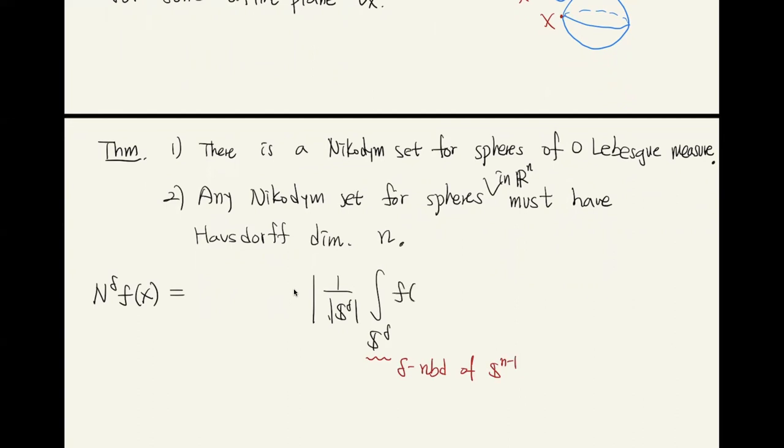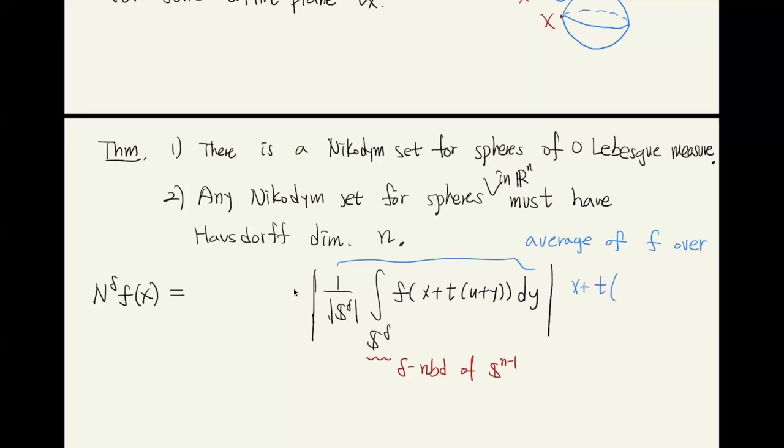So we consider the average of f over the sphere X plus T times U plus S delta.